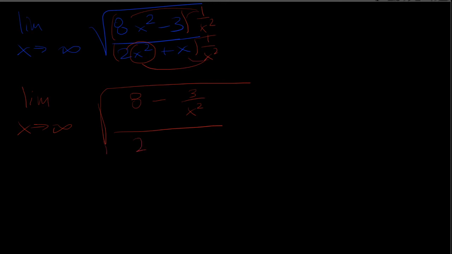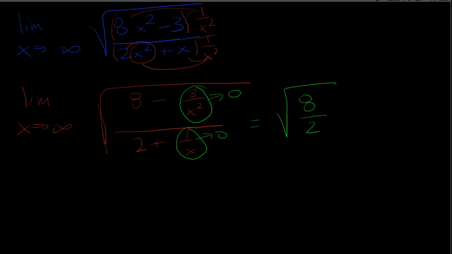And then x times 1 over x squared will be 1 over x. The 3 over x squared and 1 over x will go to 0. So we'll be left with the square root of 8 over 2, which is the square root of 4, and that's just 2. So our limit is 2.